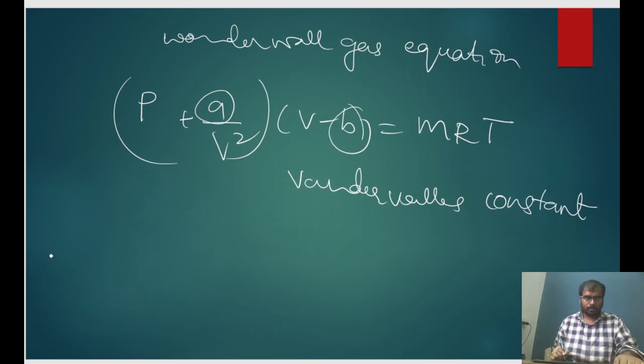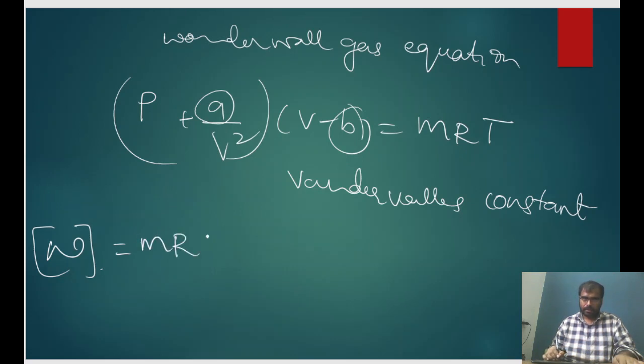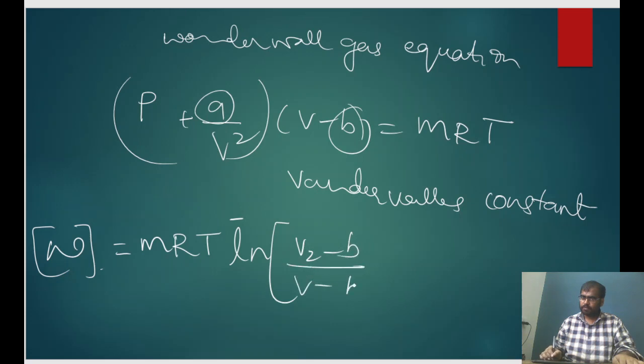You have to remember another formula, the work done for this process. I noted down one side. I will give you work done for van der Waals gases. Wait for 1 minute. Here the work done for van der Waals is mRT ln((V2 minus B) divided by (V1 minus B)) plus A into (1 by V2 minus 1 by V1).